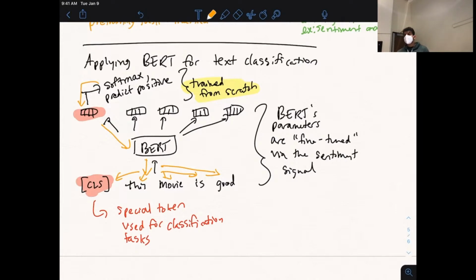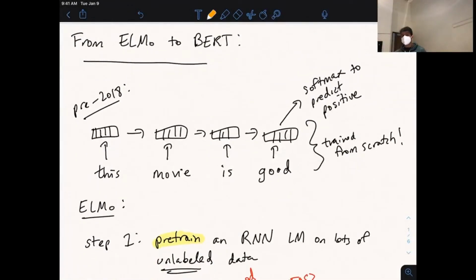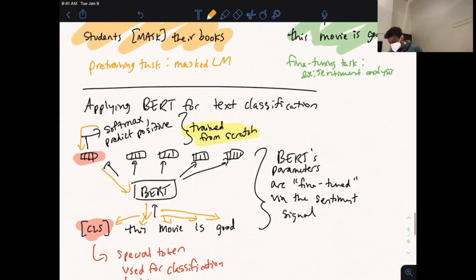So compare this to the approach from pre-2018, where you get just text of reviews, and you have a model that's initialized randomly. It's trained from scratch on just millions of sentences from reviews. The BERT model is trained first on a huge amount of unlabeled data, so it learns a lot of information from that.